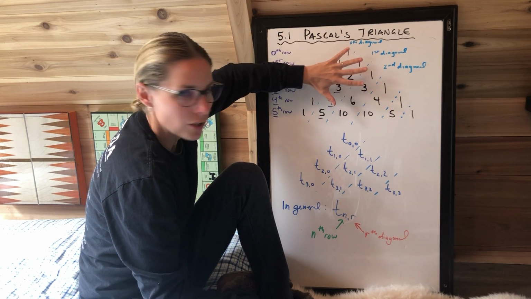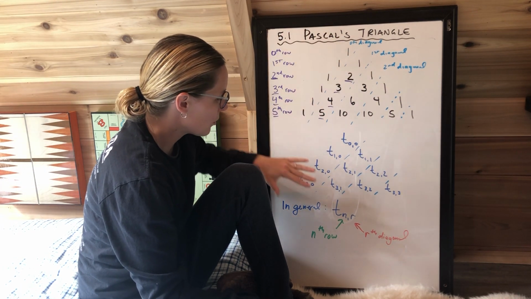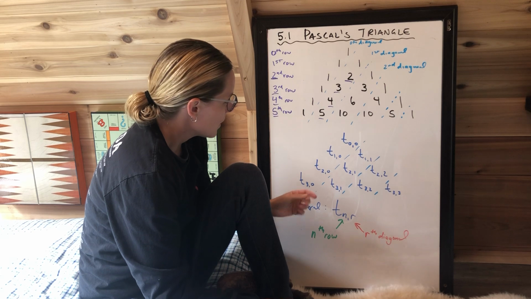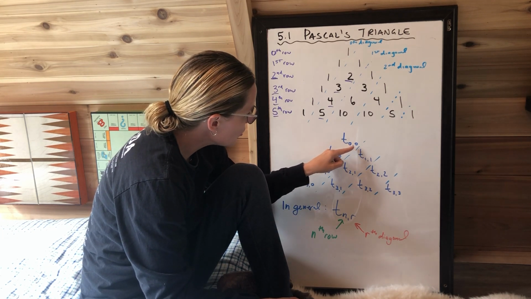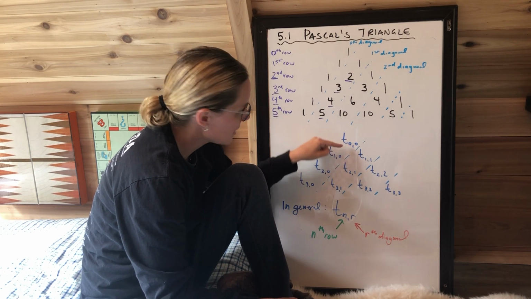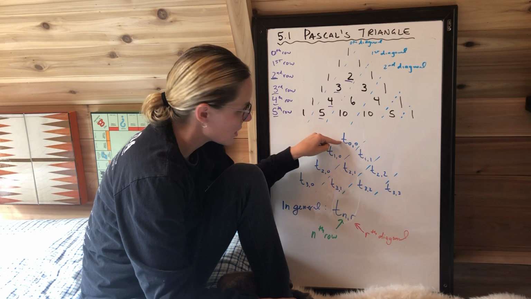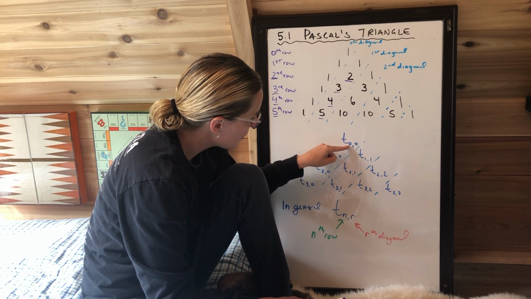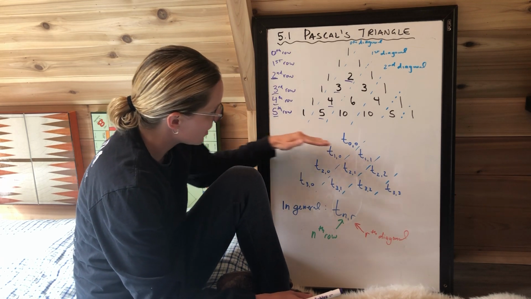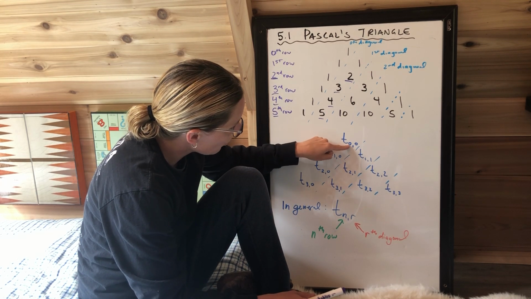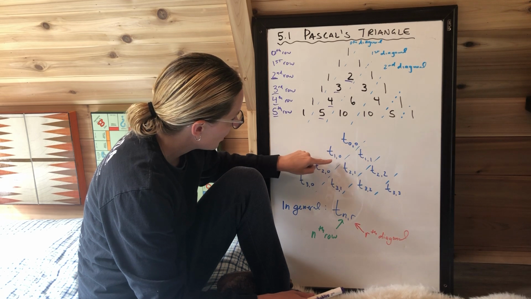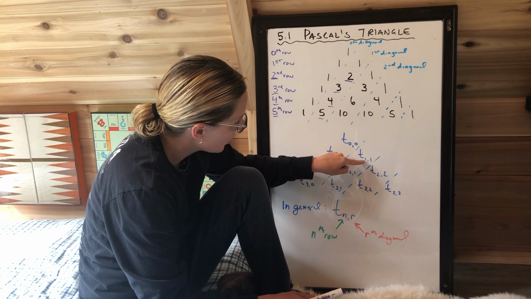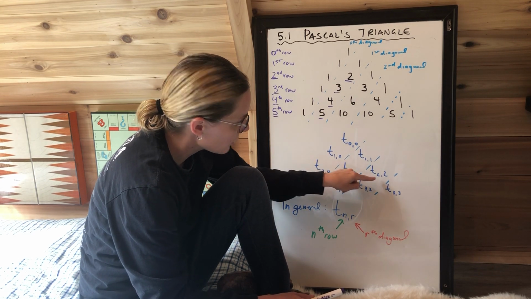Now, these are the actual numbers of Pascal's triangle. We want to start referring to them as terms. So we're going to put 2 numbers in the subscript next to the T. This script T stands for term. And then there should be 2 numbers beside it. The first number is going to represent the row that it's in. So this is the 0th row, starts with a 0. In the first row, they both start with a 1. In the second row, they all start with a 2.